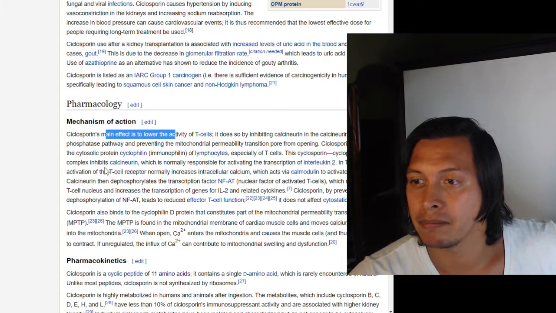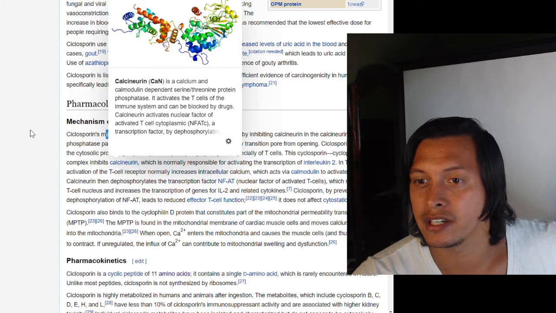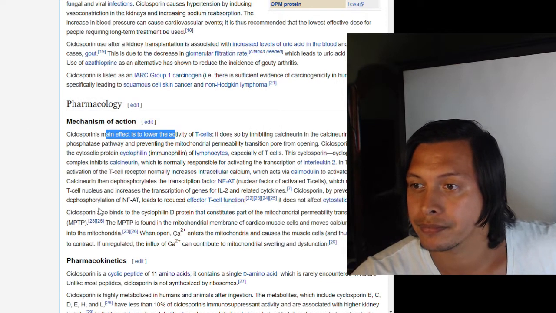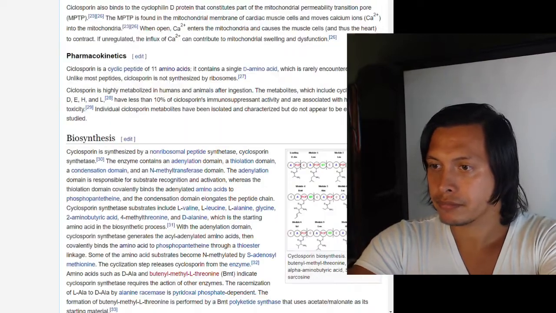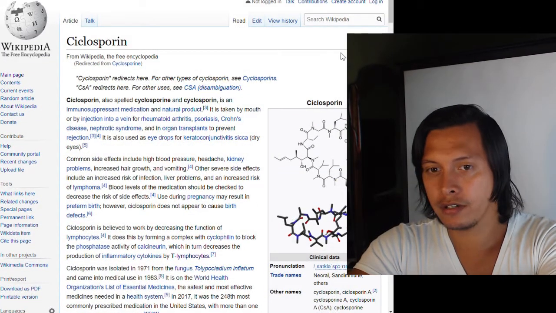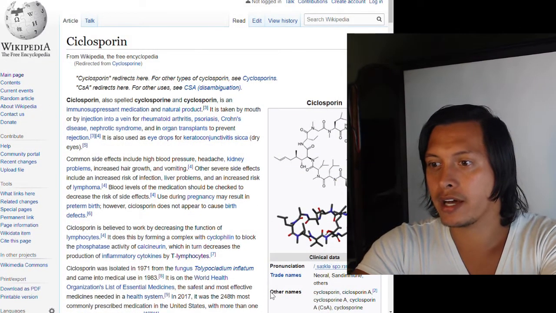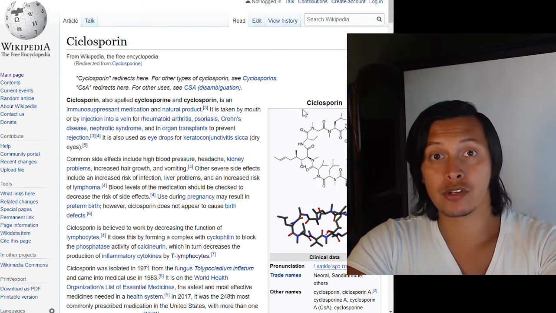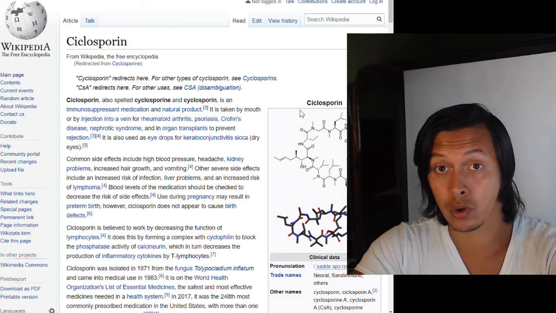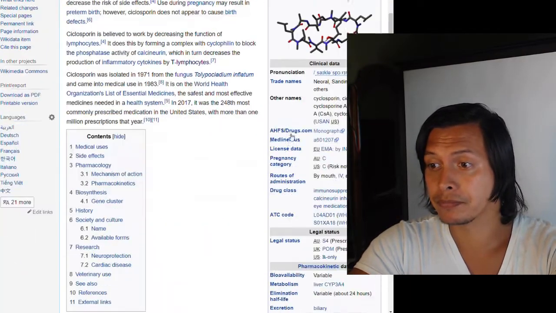So by binding to cyclophilin, it inhibits calcineurin. Yeah, I'm going to leave this as a possible pharmaceutical strategy that we might employ later.